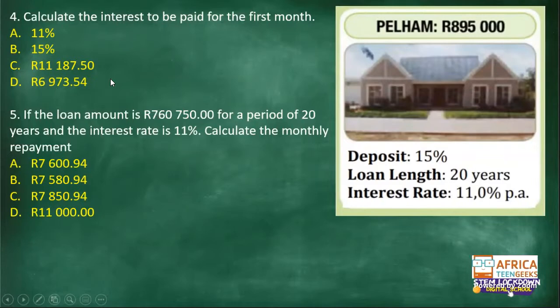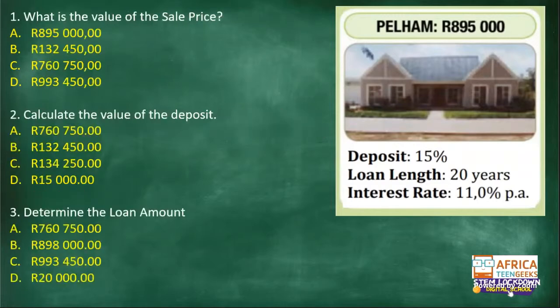So I want us to calculate now the interest which will be paid for the first month in our house. Remember, we have determined the loan amount, and we said that the loan amount will be 760,750 rand.